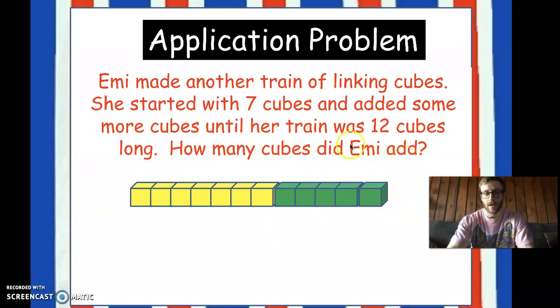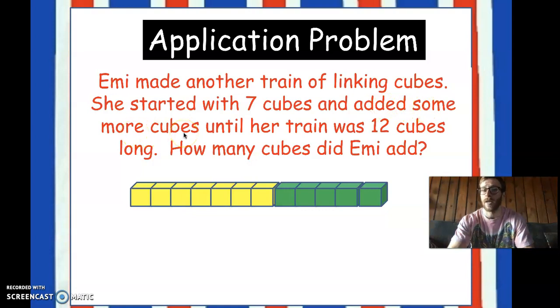So they have supplied us with our 10 sticks right here in our cubes. So you can look at that, but I want you to supply me with the number sentence that goes along with this problem. Okay? So I'll give you a little bit of time to work, and I'll read through it again real quick right now. It says, Emmy made another train of linking cubes. She started with 7 cubes and added some more cubes.